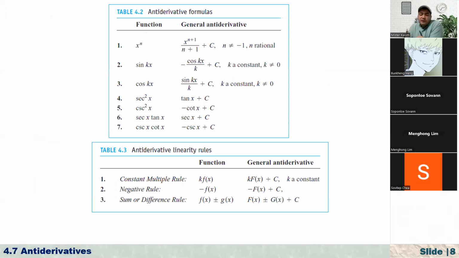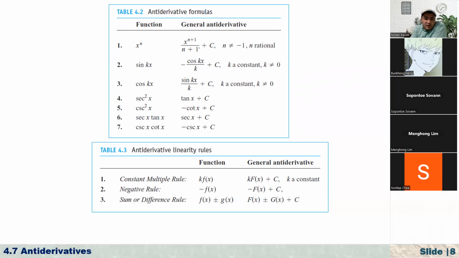Now we have some formulas we have already studied. If you look at these expressions, for example, the function x to the power of n, what is the antiderivative of this function? It is x to the power of n plus 1 over n plus 1. How can we prove this?